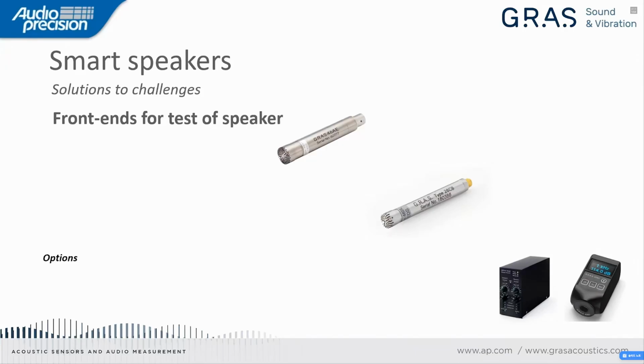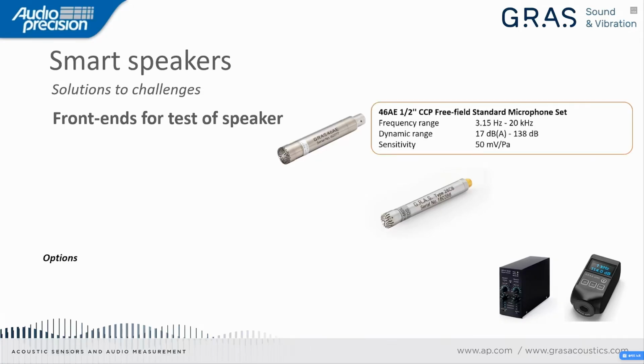Solutions to the different challenges, front ends and test of the speakers. We can use a free field microphone like the Grass 46AE, covering frequencies up to 20K, with a large dynamic range from 17 dB up to 180 dB.